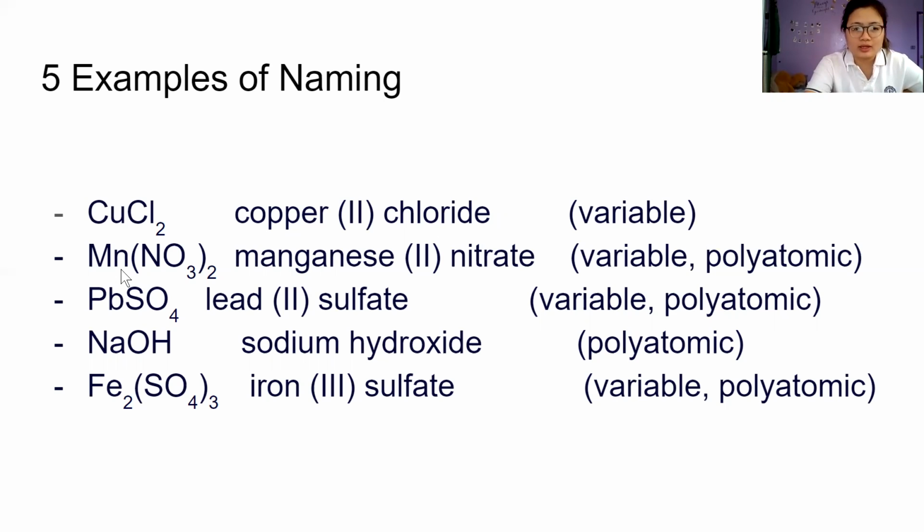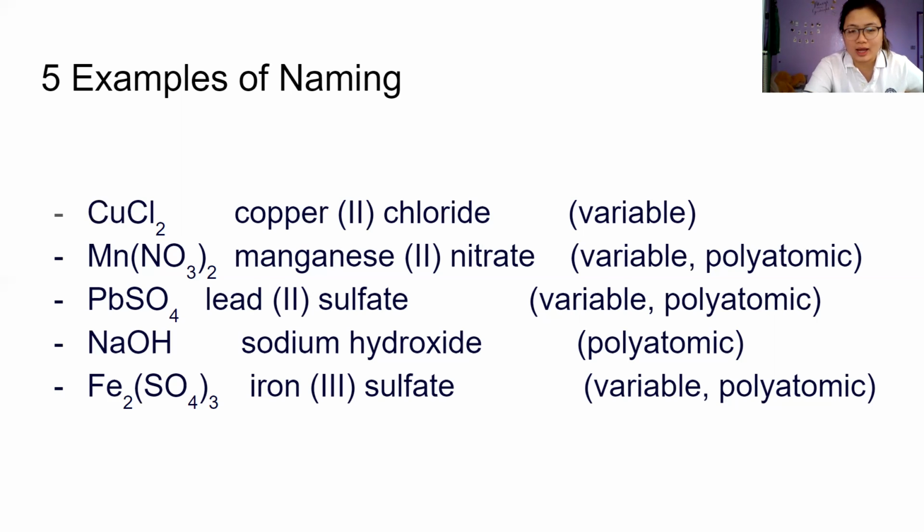The second one is Mn(NO3)2. The name is manganese 2 nitrate. And remember, the polyatomic anion right here is NO3.